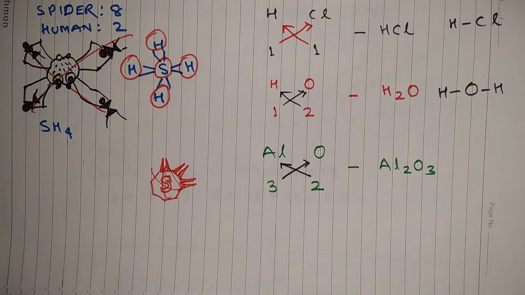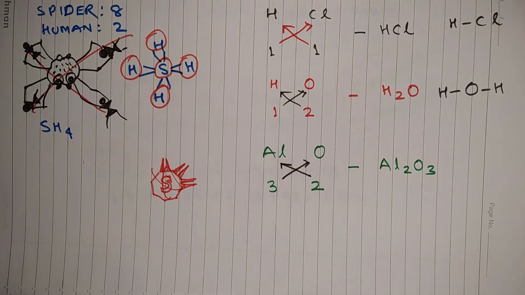So say, for example, we have 2 hands. So at one time we can hold hands of 2 people. Okay. So let us say there is a spider and there are some human beings. A spider has 8 arms and a human being has 2 arms.